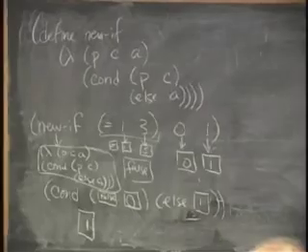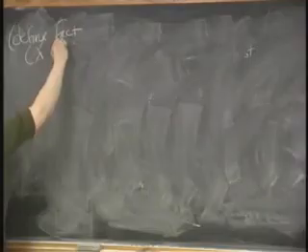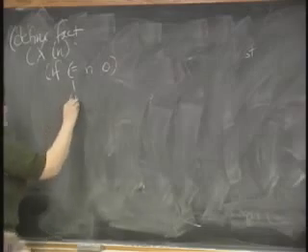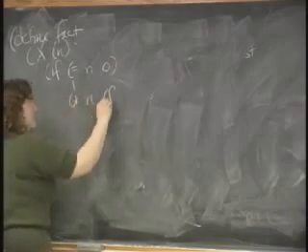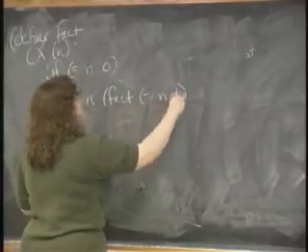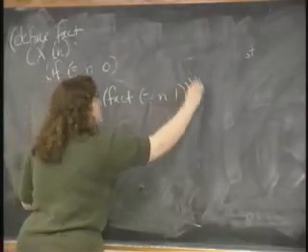You guys, on problem set 1, saw factorial and corrected it. Fact is lambda n. If n was equal to 0, you return 1. Otherwise, you return n times the fact of n minus 1.